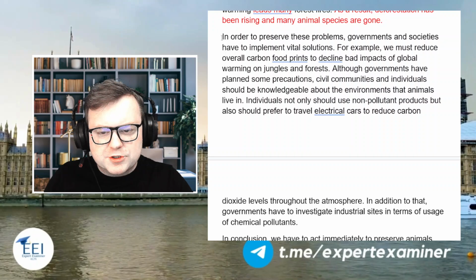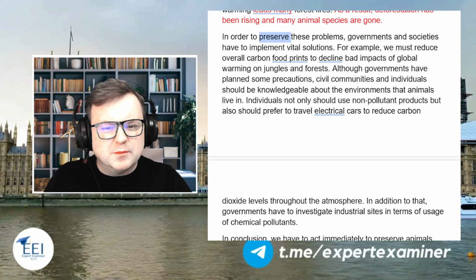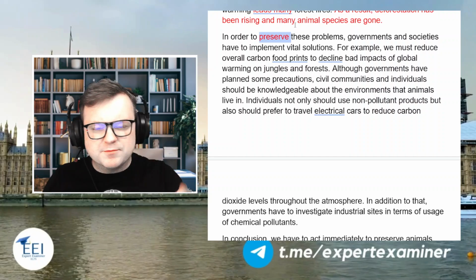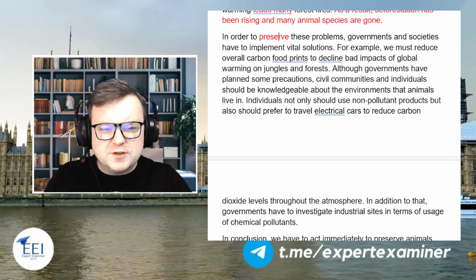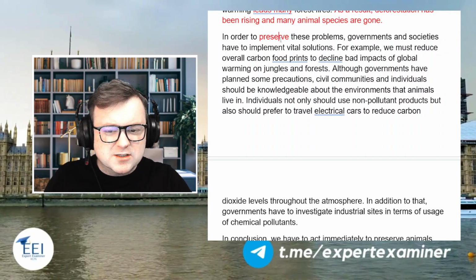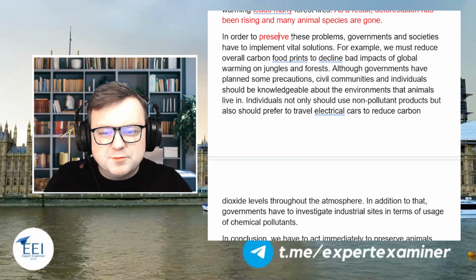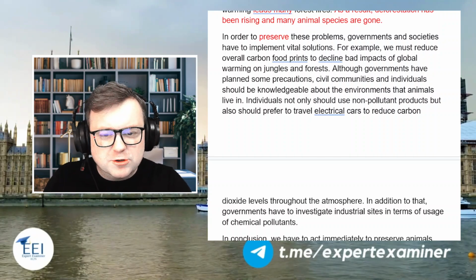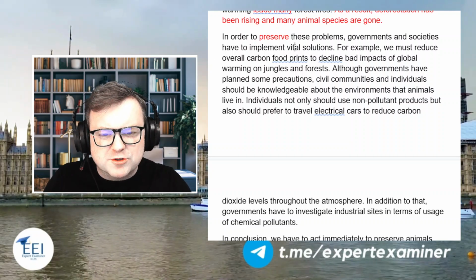In order to preserve these problems, why would you want to preserve the problem? Preserve means to keep something, to make sure that something lasts for a long time. In order to preserve these problems: solve, fix, repair, improve, eradicate. In order to preserve these problems, governments and societies have to implement vital solutions.